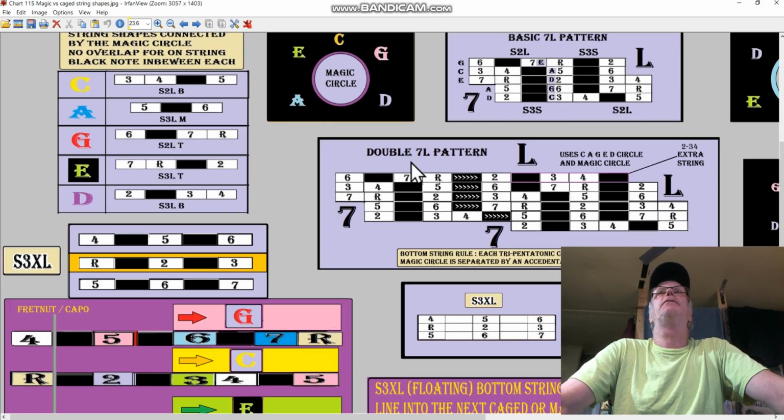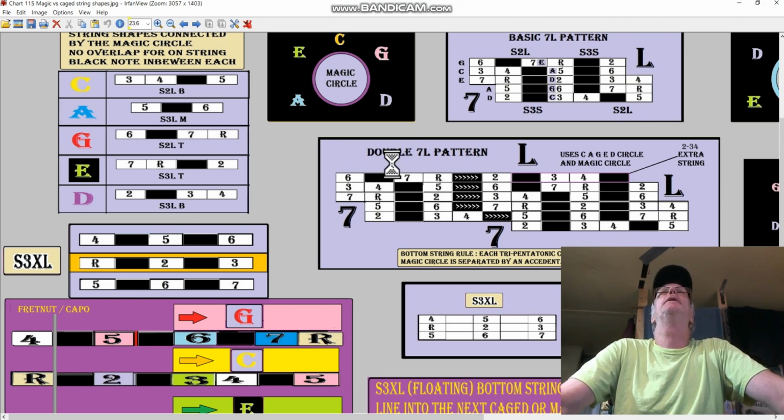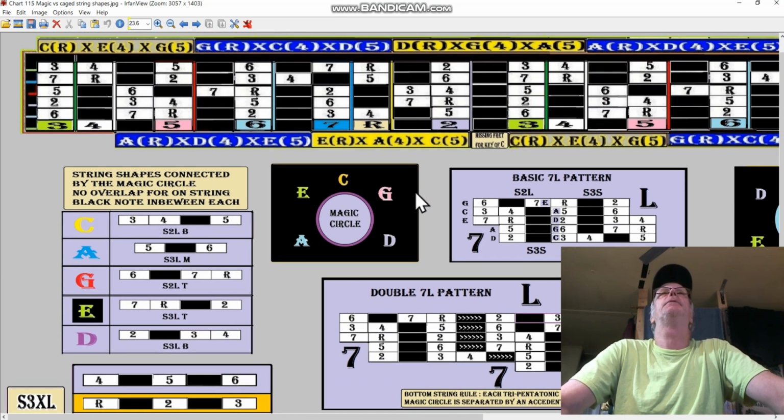So the 6/7 root is the G-shaped bottom string. Okay, so we should have a fretboard up here. So 6/7 root is the G-shaped bottom string. Here it is. 6/7 root. We're including the lone wolf 7.